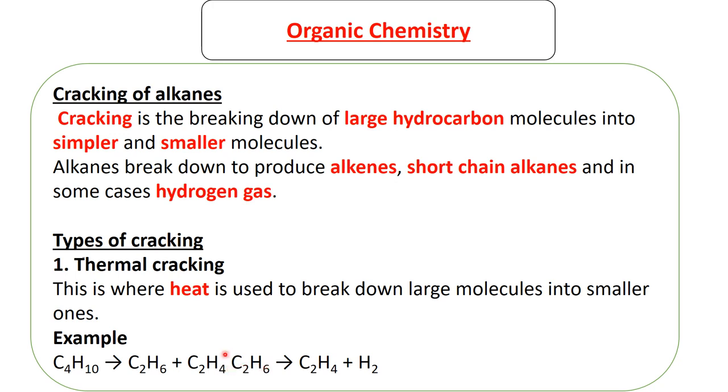And if you further heat this, you're going to have hydrogen and ethene. We haven't talked about alkenes, so I don't want to go into details, but just know this is an alkene. Okay, not alkane, but alkene. And then we have hydrogen here.